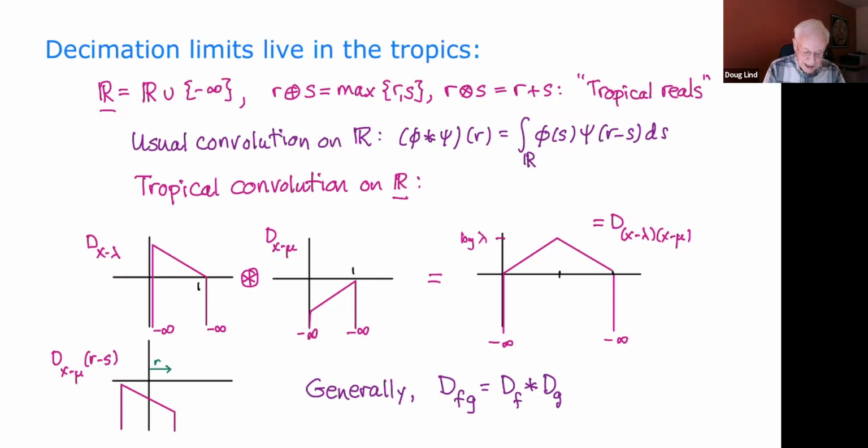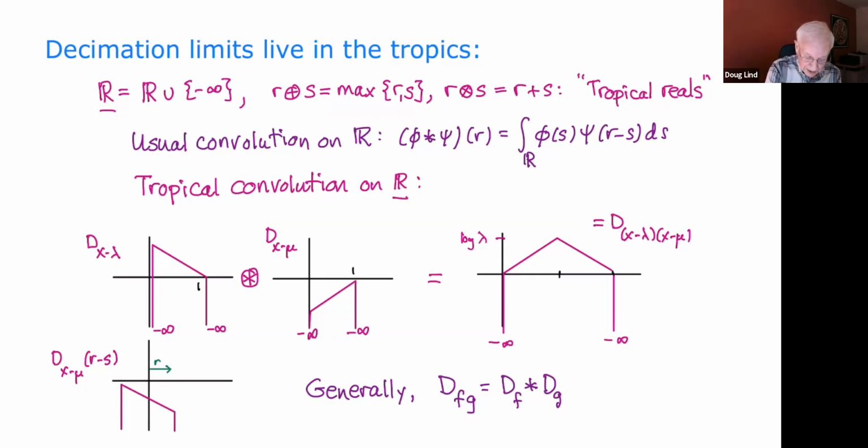So what would happen if I tried to do a tropical convolution of two functions in this tropical arithmetic? Well, the usual convolution on R is given by the formula you all know, that's this. But the tropical convolution is given by the tropical analog. The integral in the usual convolution is just a continuous sum, so you would replace max in the tropical addition by sup over a continuous number of reals.